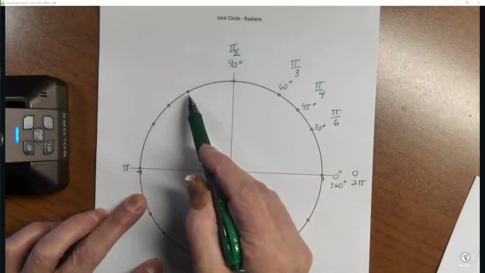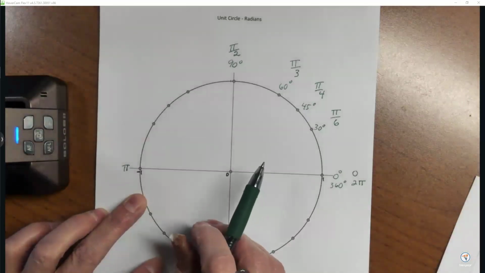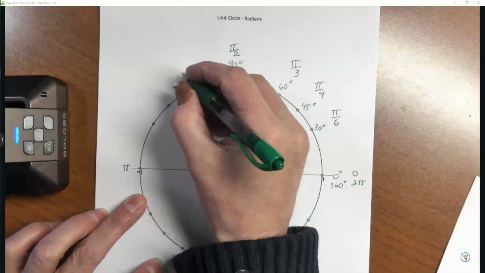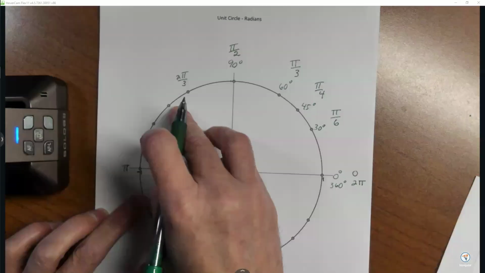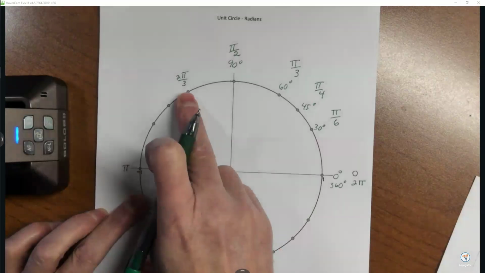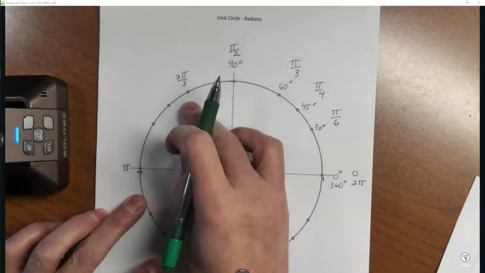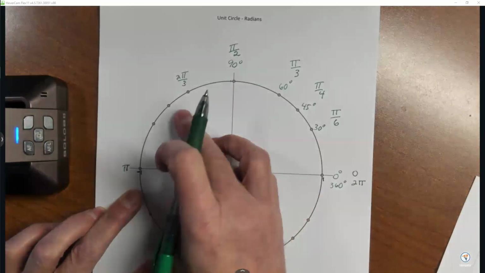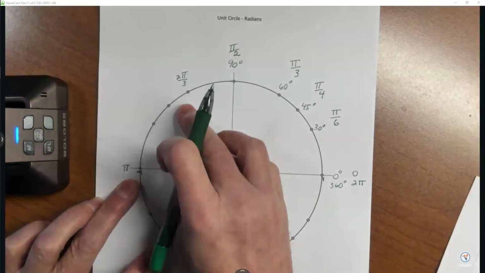This is 2 pi's over 3, right? So we're going to go ahead and label that as 2 pi over 3 in radians. And if that were corresponding with the degree measure, we mark that as 120 degrees. Okay, and then of course, the third pi over 3 takes us back down to pi.